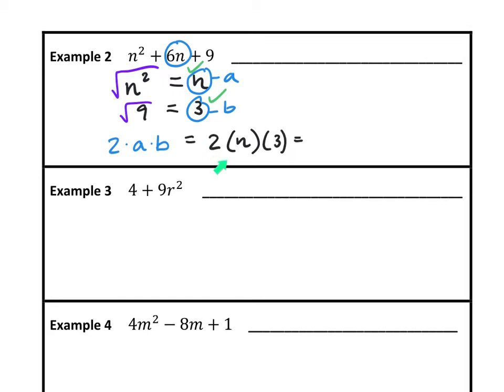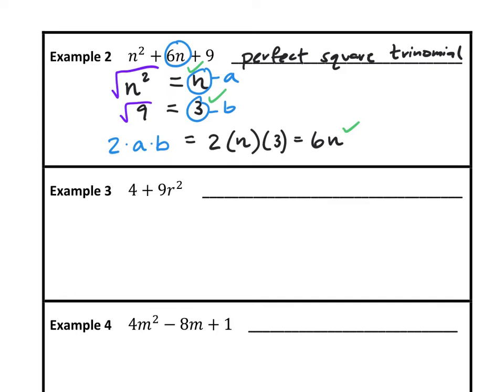Well, 2 times 3 is 6, and 6 times n is 6n. So I do get the middle term. Everything checks off, so this is a perfect square trinomial.